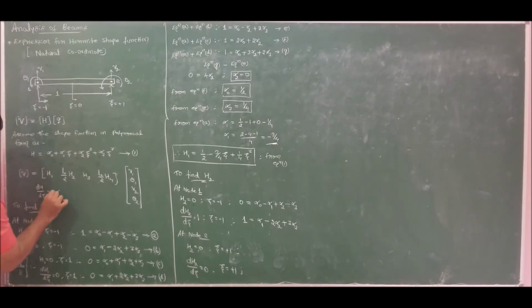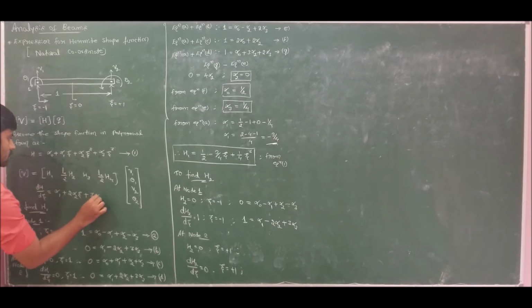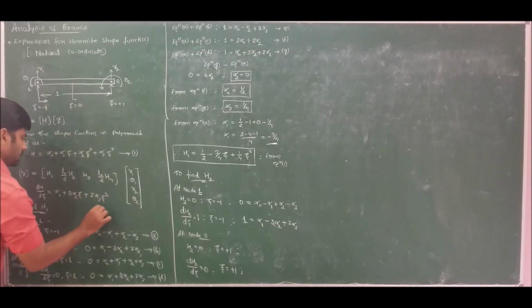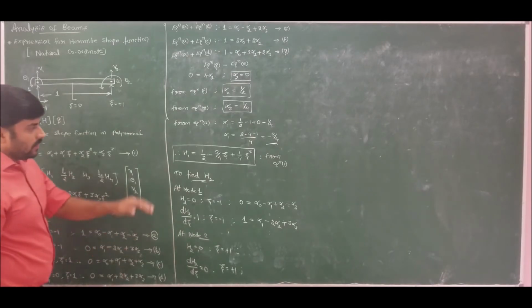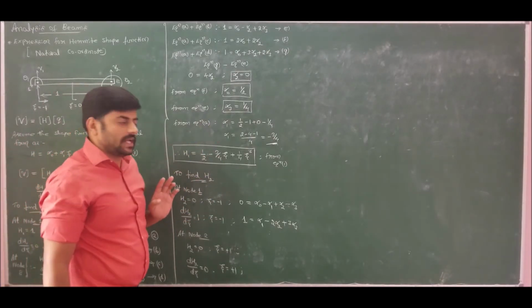Dx by d zeta is alpha 1 plus 2 alpha 2 zeta plus 3 alpha 3 zeta square. Let us take it as equation number 2. So just take the boundary conditions, substitute in equations 1 and 2, formulate 4 equations, 4 unknowns, solve, substitute, we will get the answer.